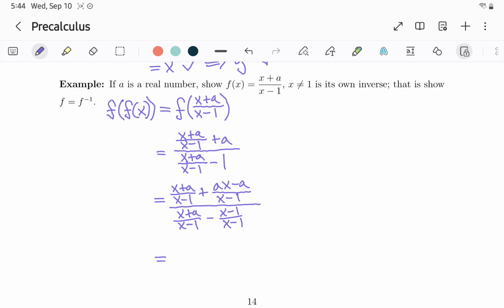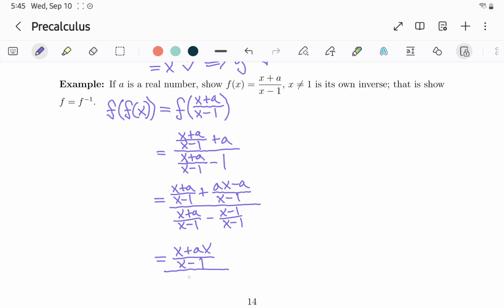So a and minus a are going to cancel out, and we're just going to have x plus ax. And this is still over x minus 1. And then in the denominator, adding things up here, we are going to have x plus a, and then minus x, and then minus a negative 1. So that's going to be like plus 1. So we have x minus x. Those guys are going to cancel out. And then we have a minus a negative 1.